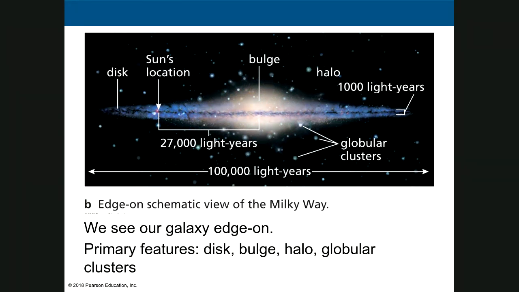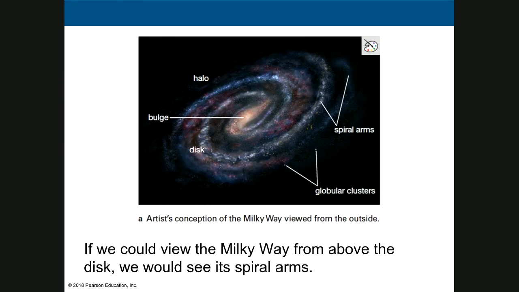Now let's look at it from an edge-on perspective. We can see that the bulge is still yellow here, but the disk is a lot more vast. The disk is very big and very blue.